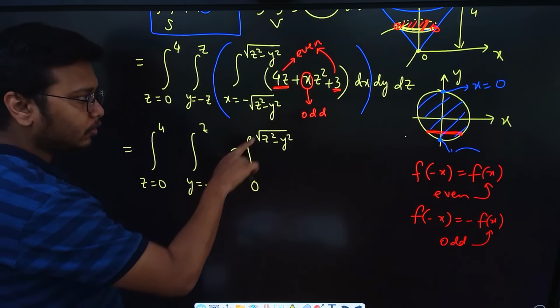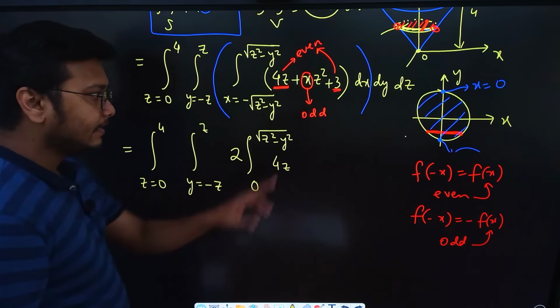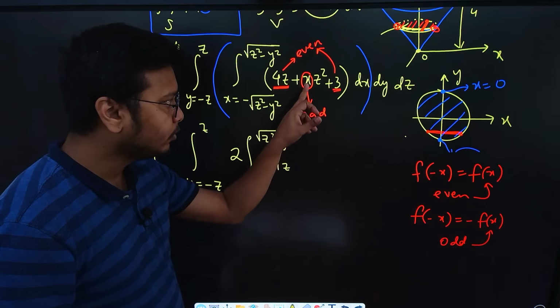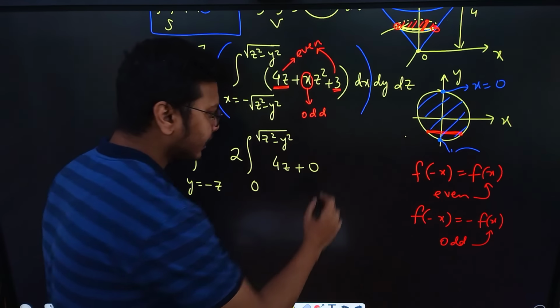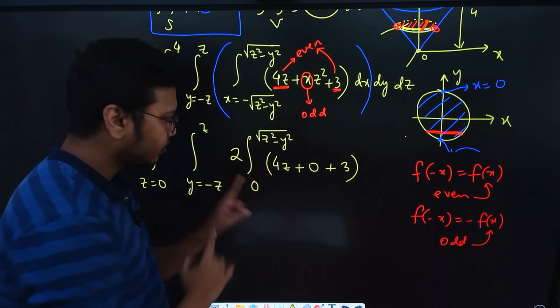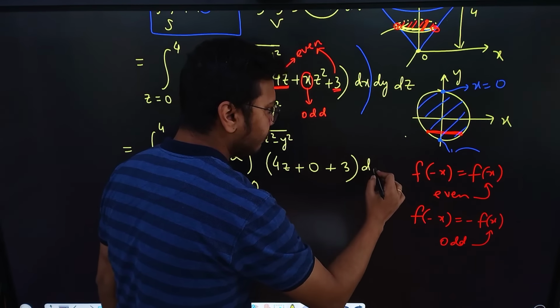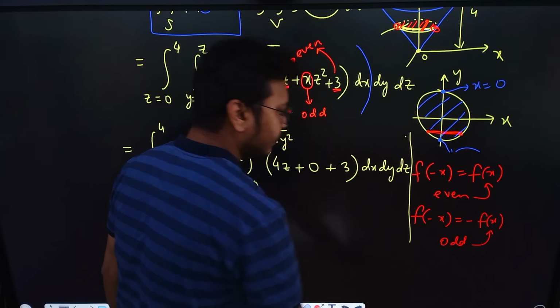So 2 times 0 to a, 4z. The middle integration is going to become 0 since it's an odd function. So the middle integration is 0. The last one is again going to be 3 times, 3 of 0 to a. So I have just incorporated the 2 in front, dx, dy and dz.